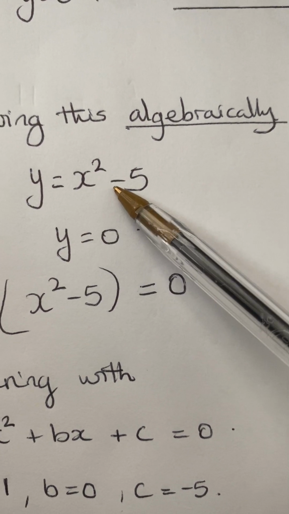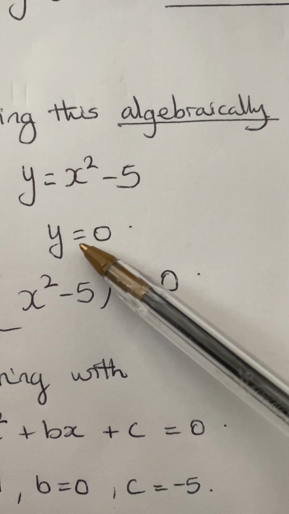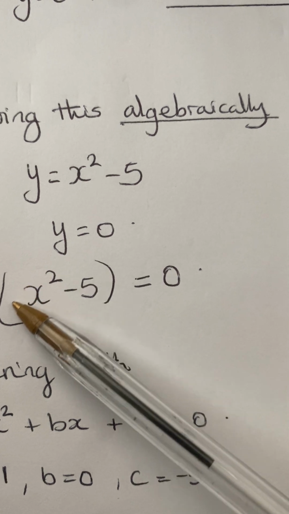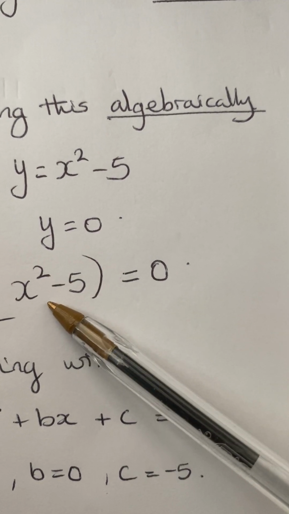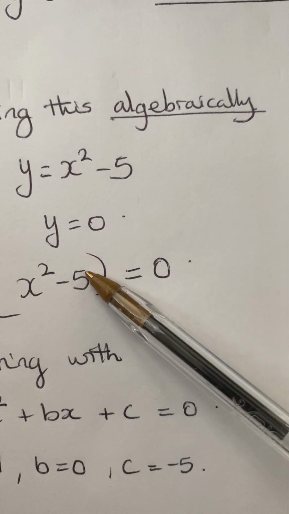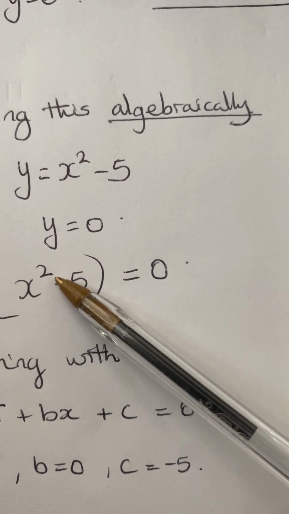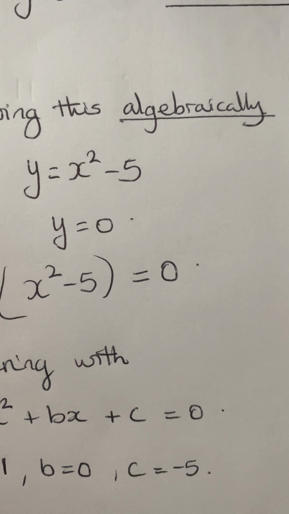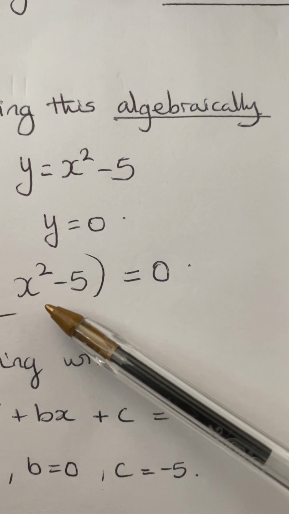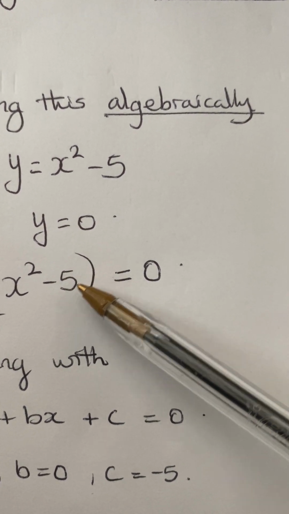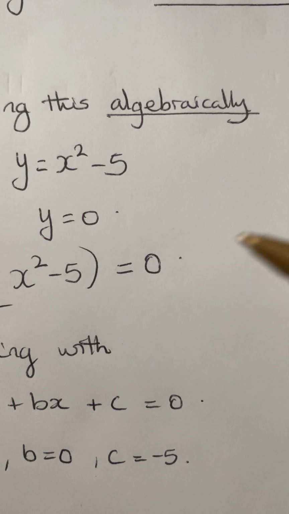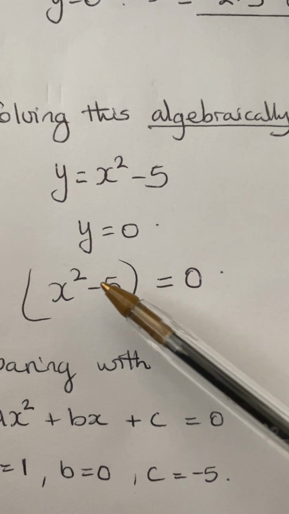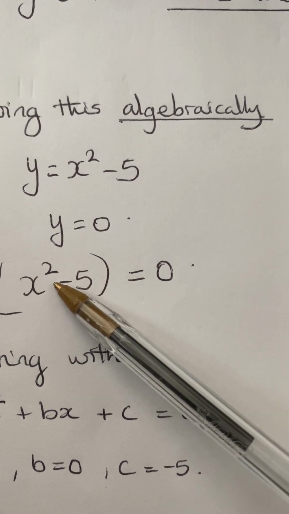So x squared minus 5 will be equal to 0. Now this is not a difference of two squares. Assuming it's x squared minus 25, then it's a difference of two squares. Then you write x plus 5, x minus 5 equals 0. Then it's easy to find. But this is not a difference of two squares.